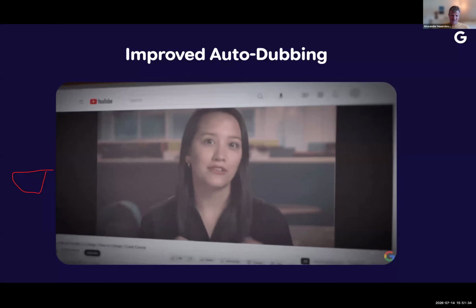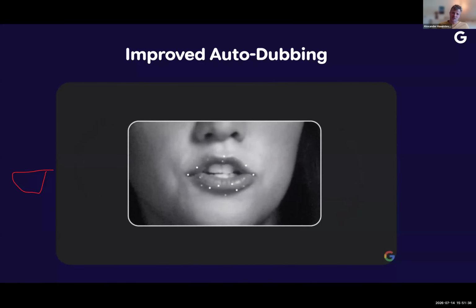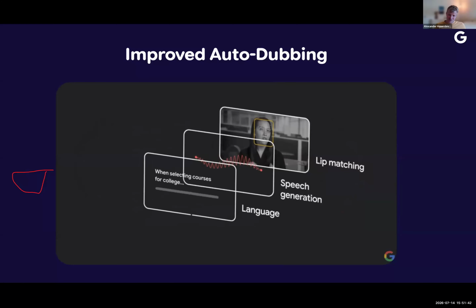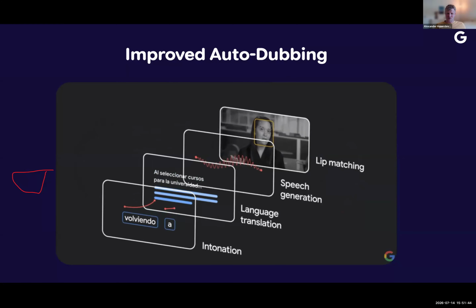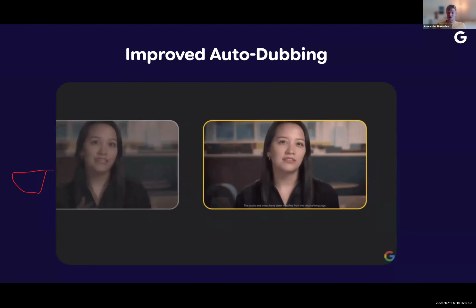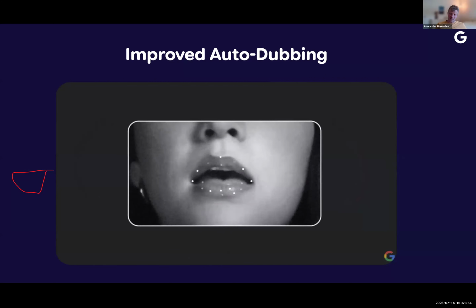Next slide, please. So we also have some improvements to the auto dubbing experience. Now you can auto dub from one language to another, and we've expanded the library of languages to 27 to make auto dubs even more natural.